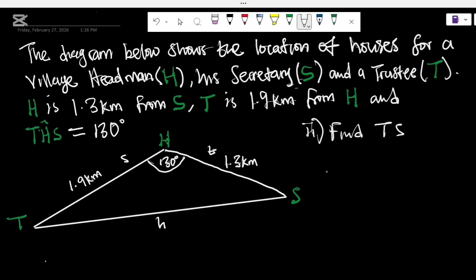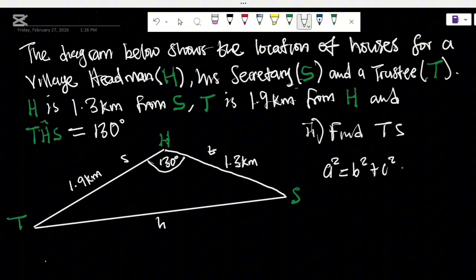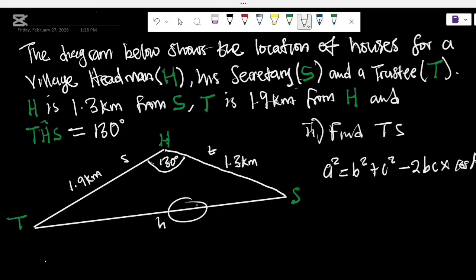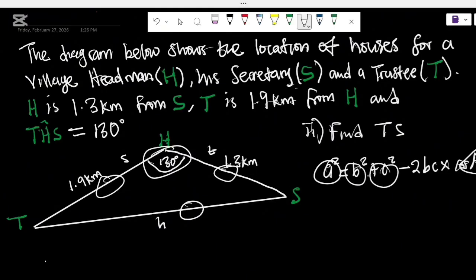Now the cosine rule is given by a squared is equal to b squared plus c squared minus 2bc times cos A. So remember that this is the standard formula that we are going to use when we are trying to find this particular distance. Now this A corresponds with the distance to be calculated, and its angle here, cos A, is actually the angle that is made up by the two sides, these two sides which are being represented by b and c.